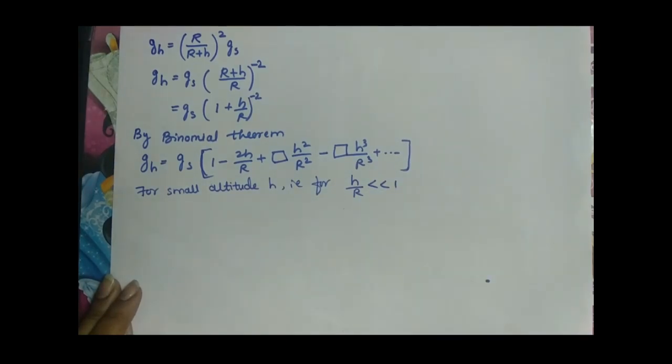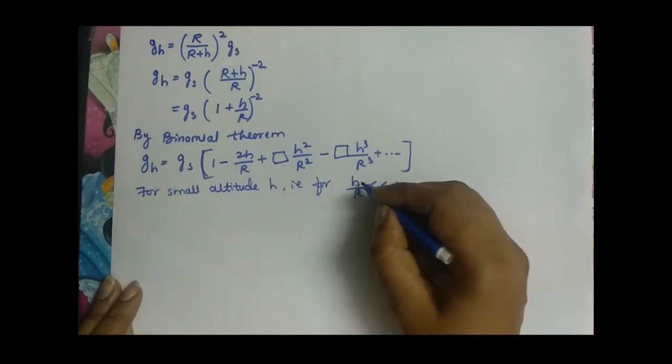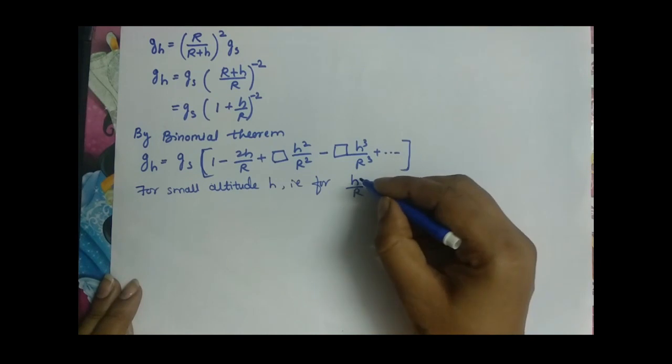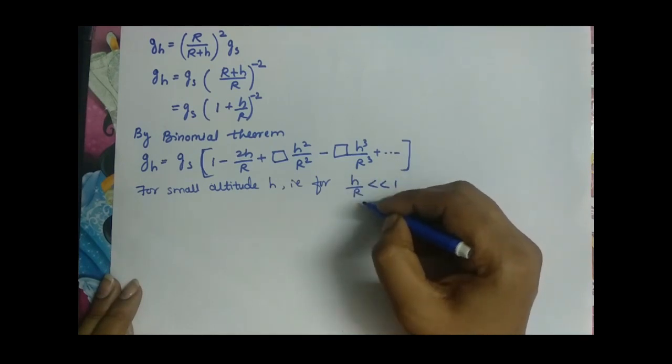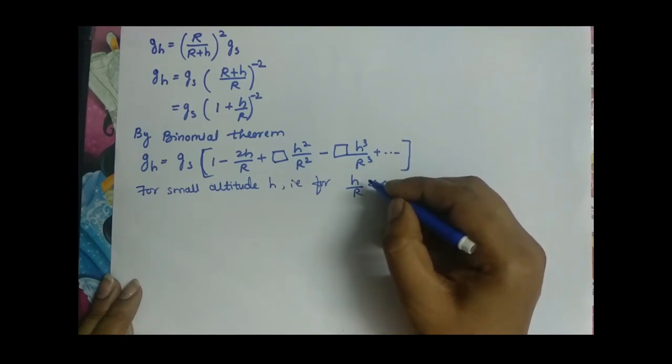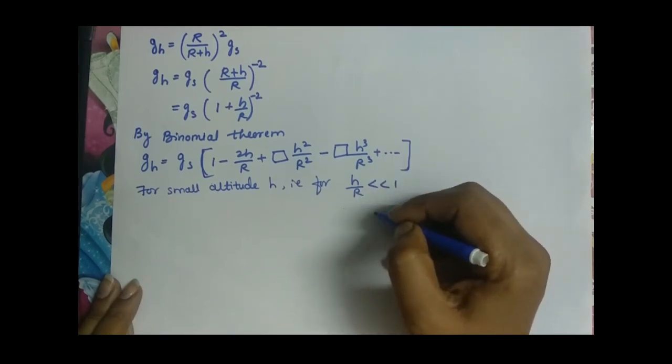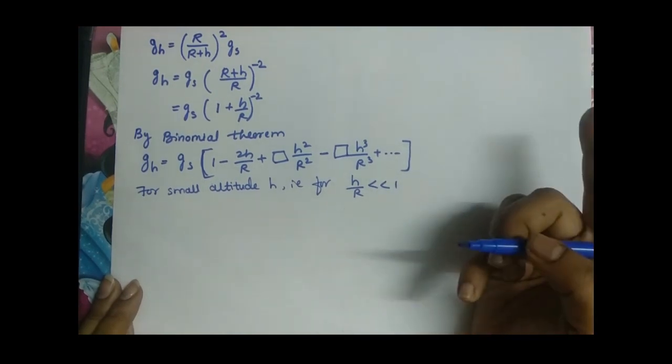For example, if h by r is 0.5, then if you do square of this 0.5, you will get 0.25. What happened? 0.25 is less than 0.5.